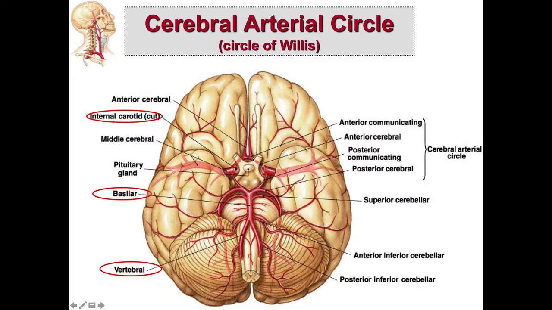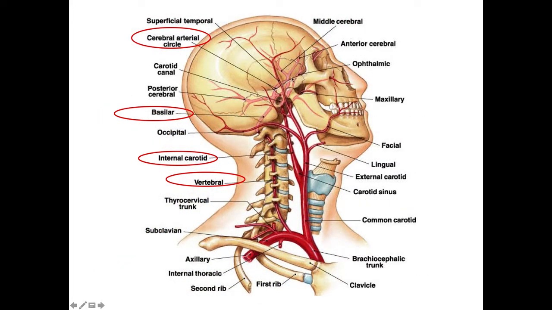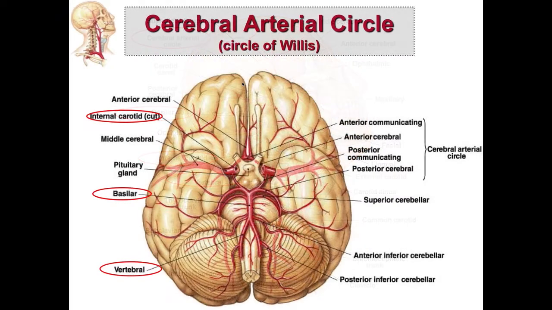This Circle of Willis, described here as the central or cerebral arterial circle, we hinted at right up here. So that's the Circle of Willis depicted in this perspective. It gets fed by multiple different arteries supplying it, and that's useful when we want to think about how we have redundancy in the perfusion of the brain.